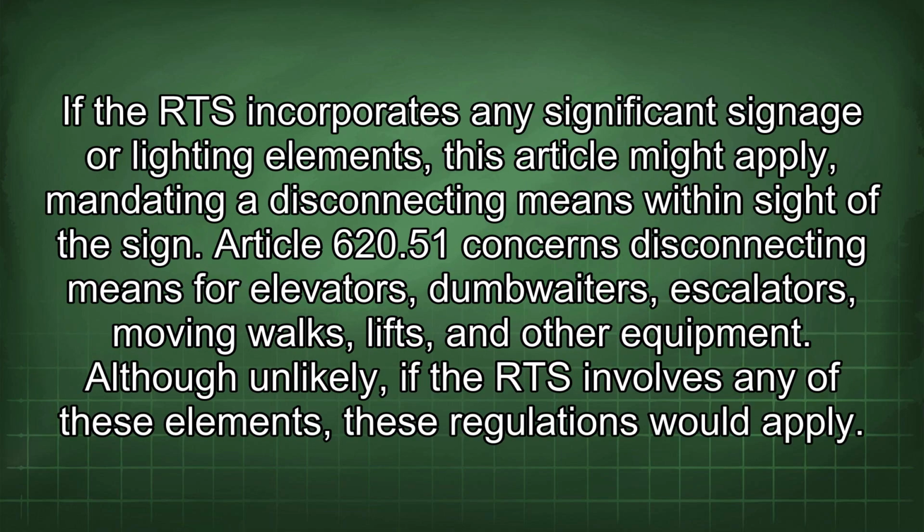If the RTS incorporates any significant signage or lighting elements, this article might apply, mandating a disconnecting means within sight of the sign. Article 620.51 concerns disconnecting means for elevators, dumbwaiters, escalators, moving walks, lifts, and other equipment. Although unlikely, if the RTS involves any of these elements, these regulations would apply.